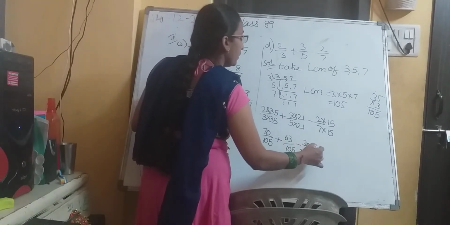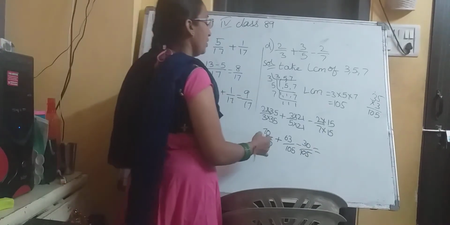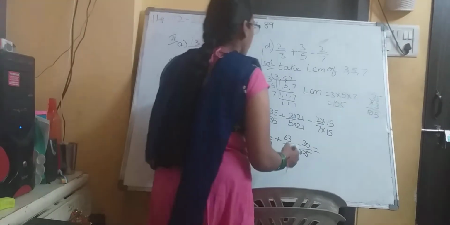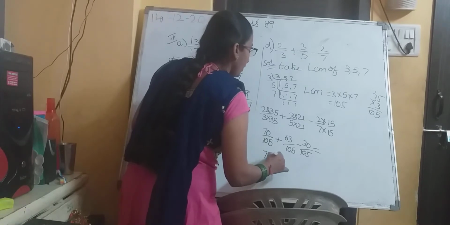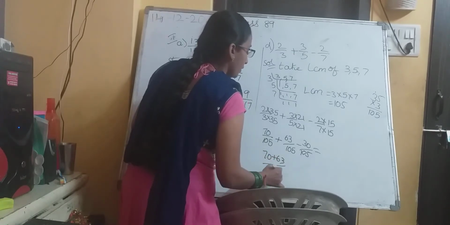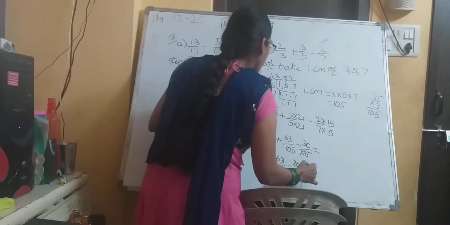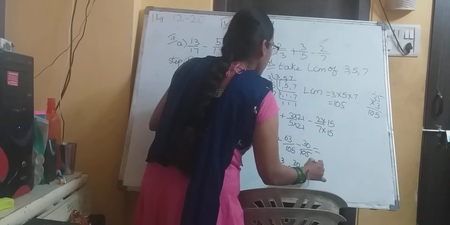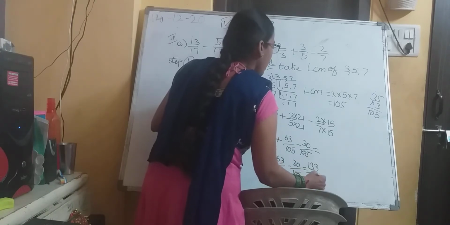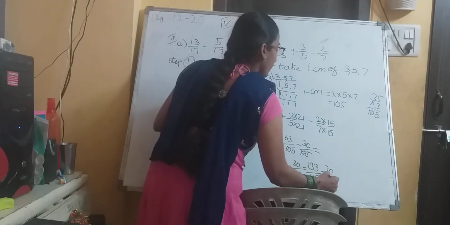First, 70 plus 63 you do. 70 plus 63 by 105 first, minus 30 by 105. 70 plus 63 is 133 by 105 minus 30 by 105.